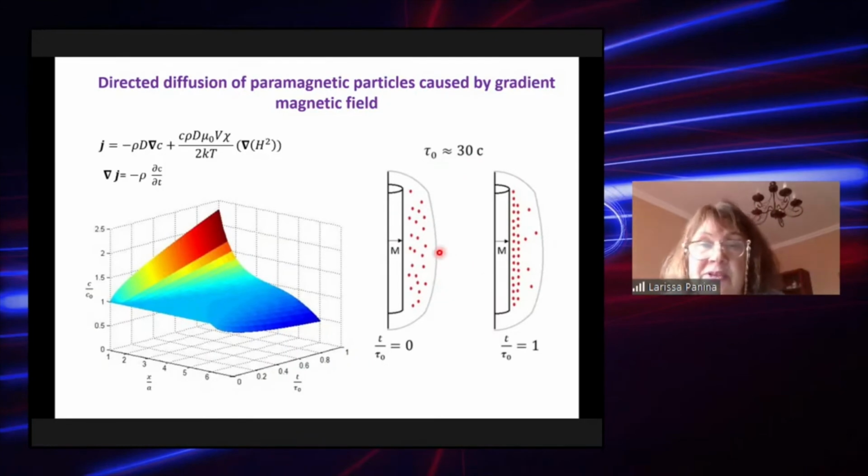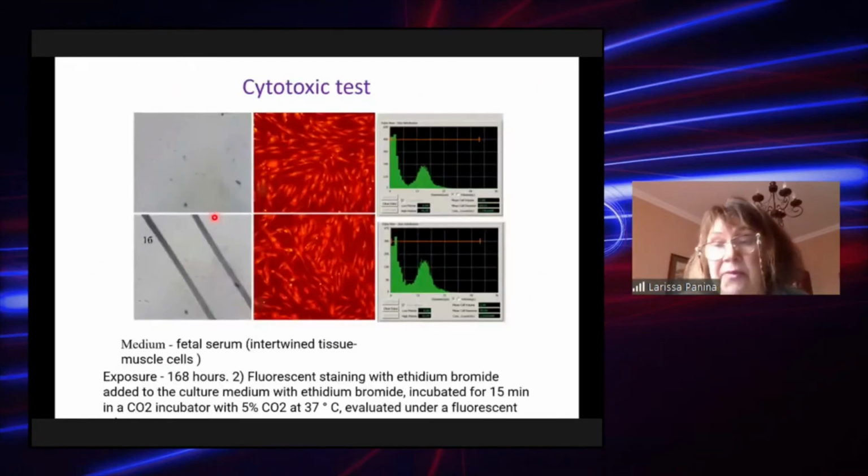So we can increase concentration almost twice around this. That shows the increase in concentration, so 2.5 times.